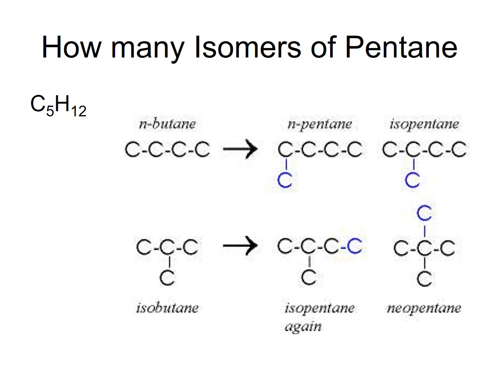If we put it on the second carbon instead of the end carbon, then we have a branch called isopentane. If we put 2 carbons on the middle of 3 carbons, we have neopentane. And so in fact there are 3 isomers: pentane, isopentane, and neopentane.